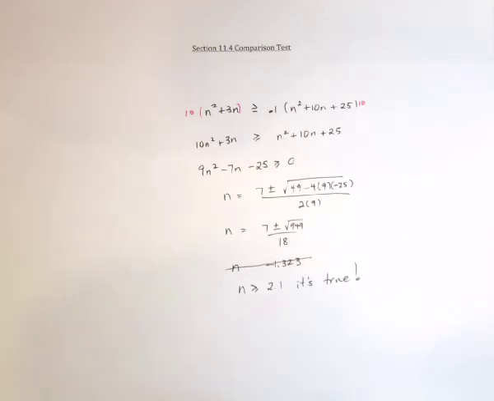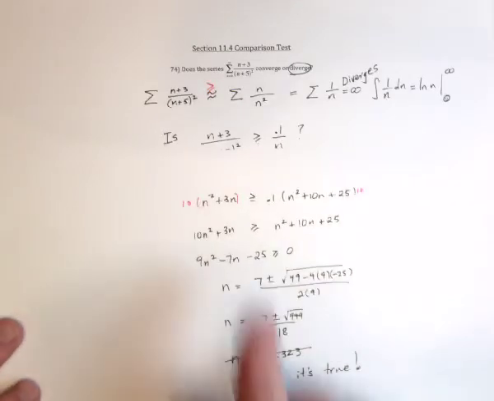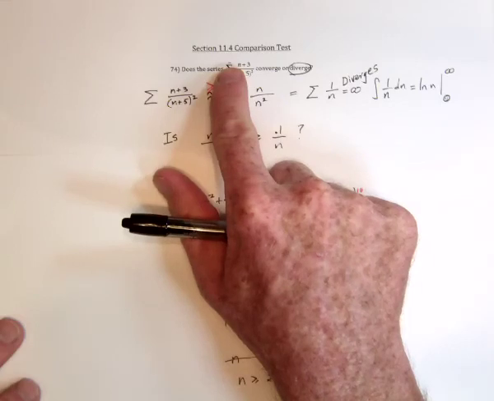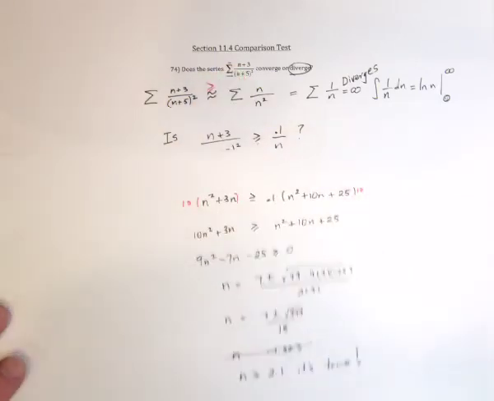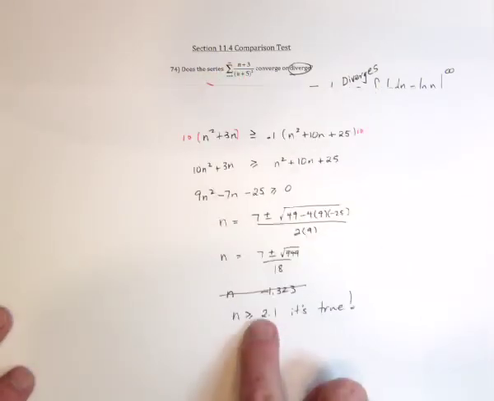Now, with the comparison method, all you need is to get a statement that from some point on, the statement is true. Since you're going to infinity, what happens for the first two terms doesn't really matter. What matters is, as you go to infinity, what happens.